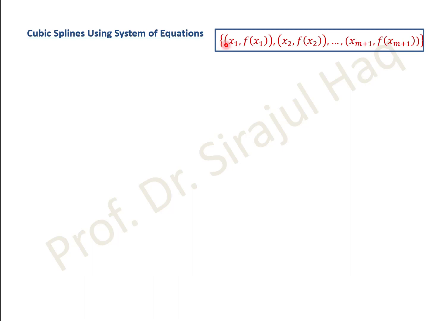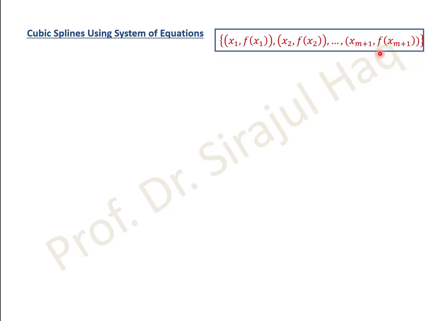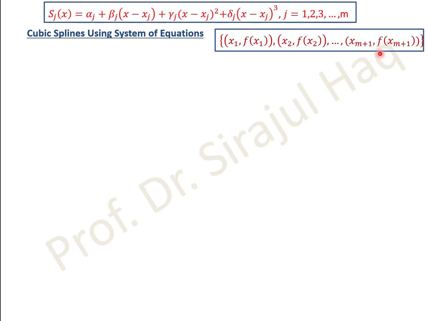That's the reason I started from 1, and you can see I reach up to m plus 1. So we have m plus 1 data points, and accordingly we can construct the splines. M number of splines, so you can see I started from 1 here also.